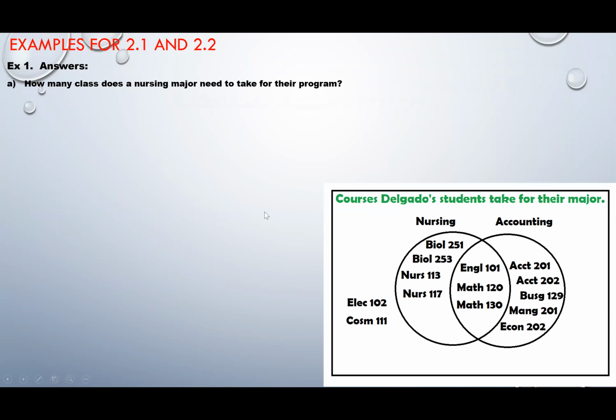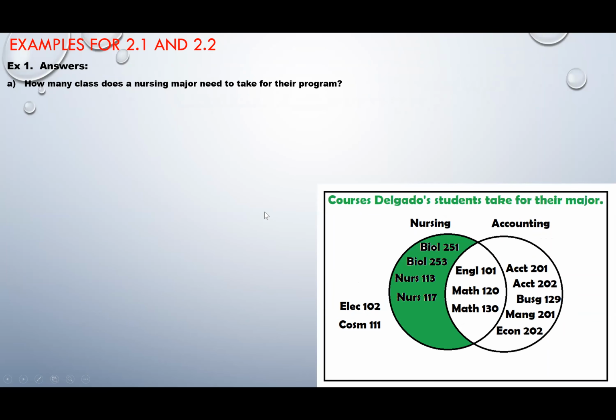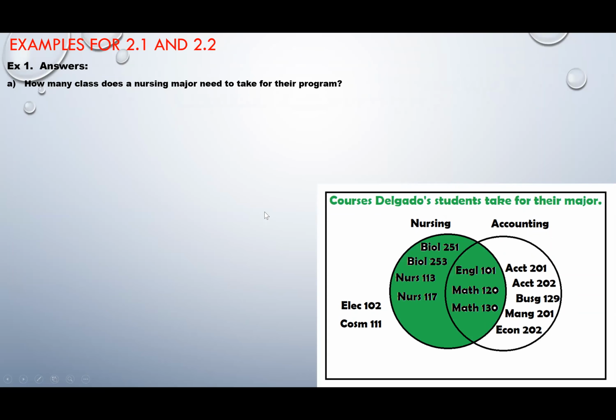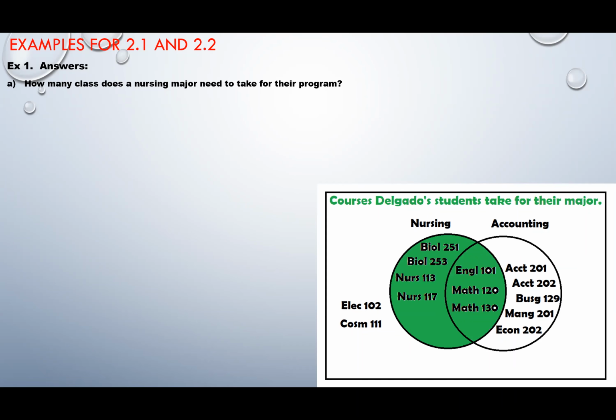Do you agree that looking at this here, as long as you are in a nursing circle, this is a class that nurses need to take? But in addition to that, the nursing major can also take this item, even though the accounting major can take it too, right? So you go in here and you count. Do you agree that nursing can take 7 courses?